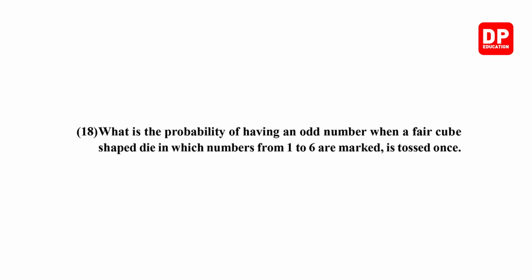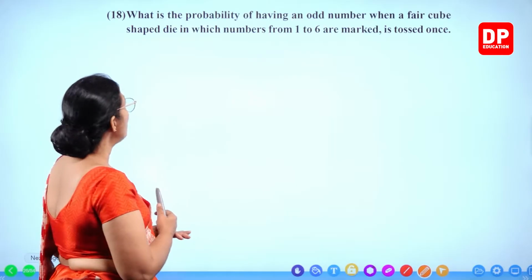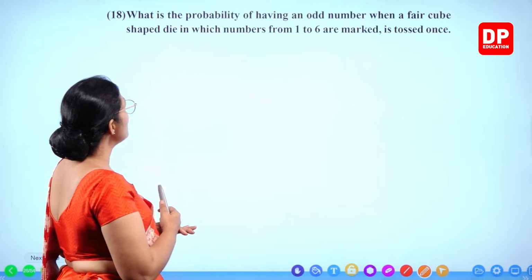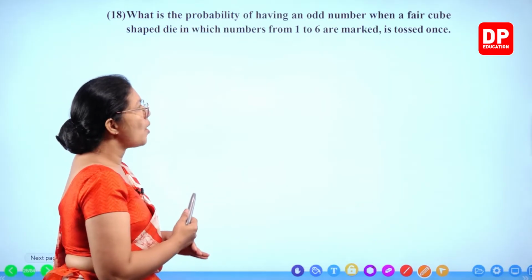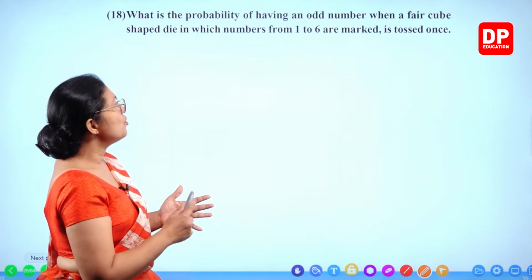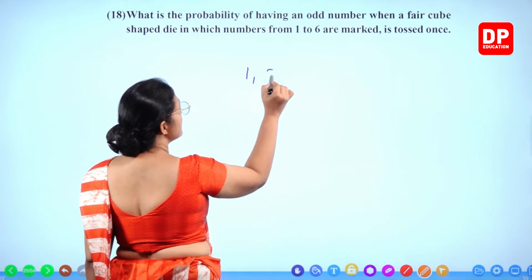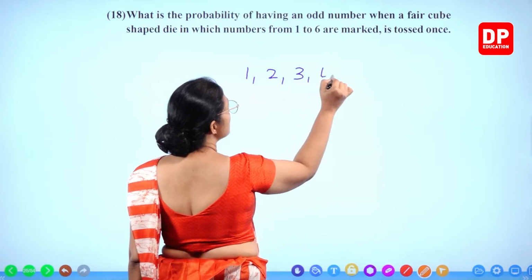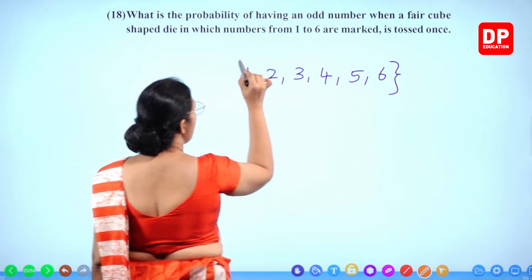Question number 18. What is the probability of having an odd number when a fair cube-shaped die in which numbers from 1 to 6 are marked is tossed once? So what are the possibilities? You can get 1, 2, 3, 4, 5, 6. Then out of those numbers, what are the odd numbers? So 6 numbers are there.